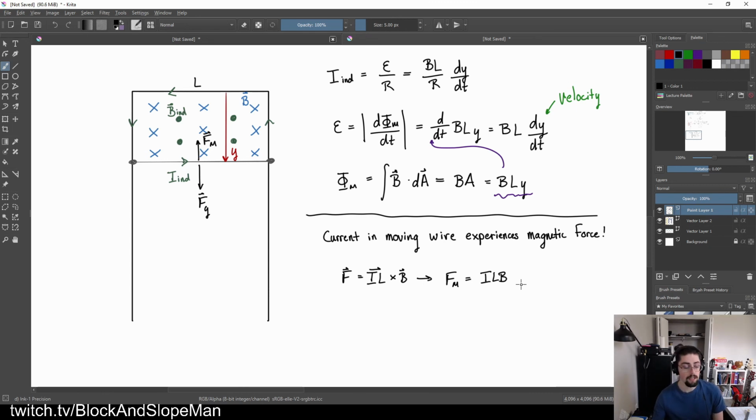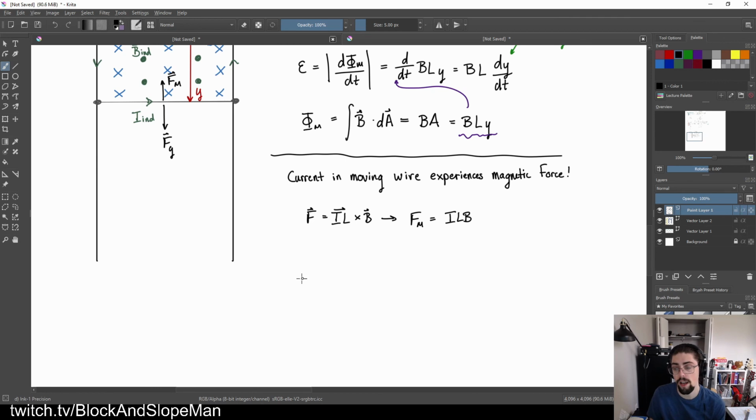now we need to think about the kinematics that determine what's going to happen here. We're looking for what's going on with y and all of its derivatives. So what I can do is take F net.